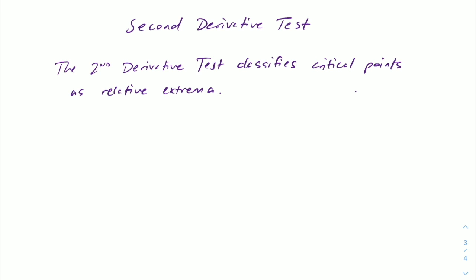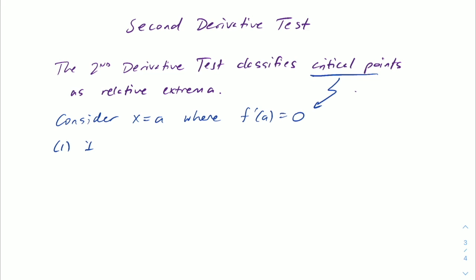So let's consider a point x equals a, where the derivative at a equals 0. That's what it means to be a critical point. All right, so if the second derivative at a is positive, then f of a is a relative minimum.